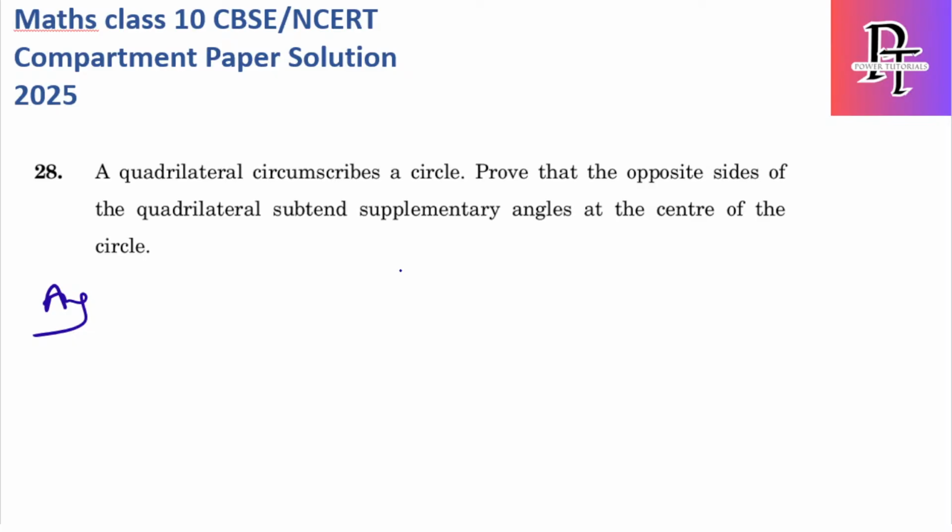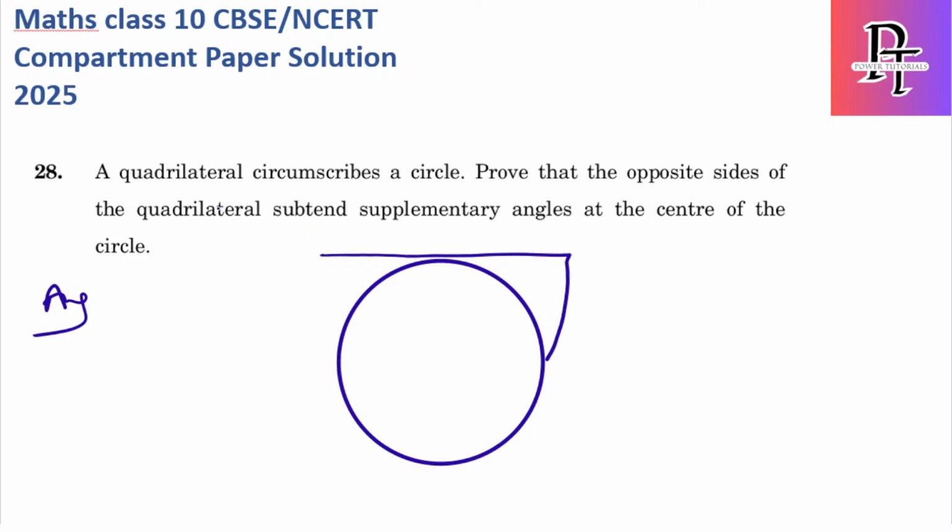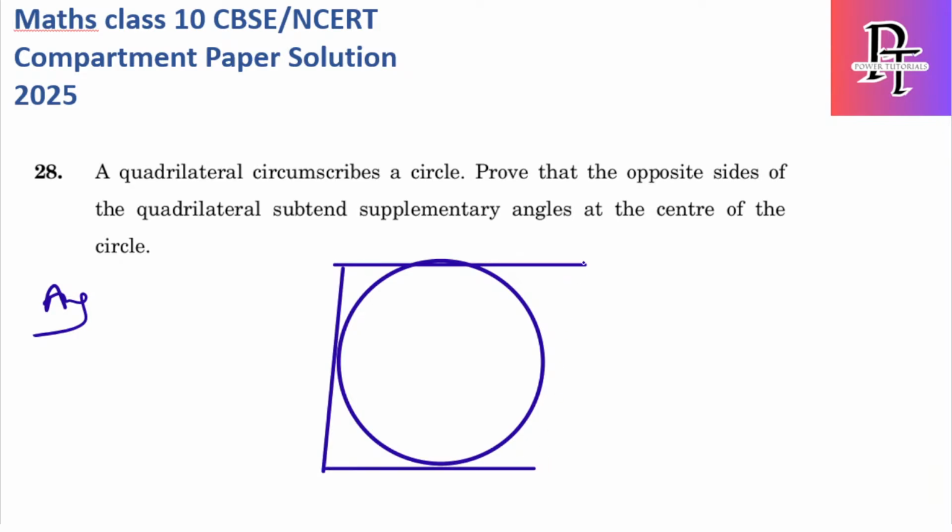Okay, so first let's draw a circle and draw a quadrilateral touching it. This is A, B, C and D.